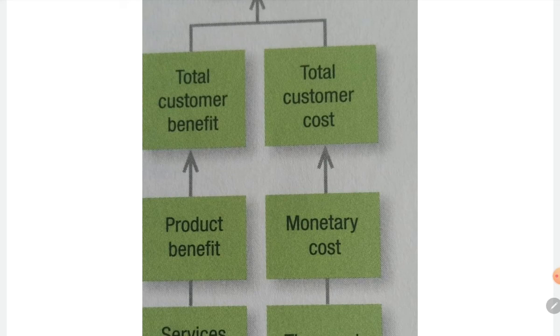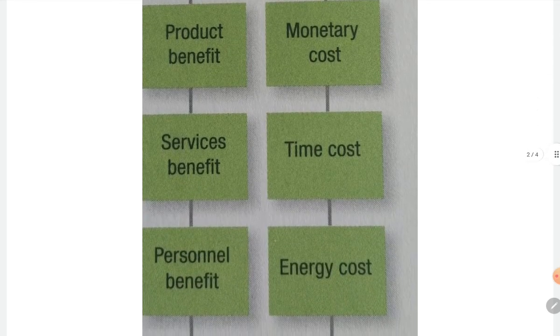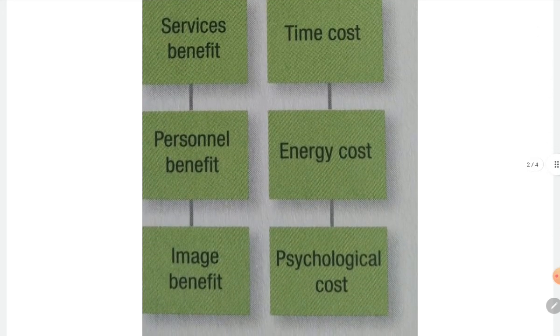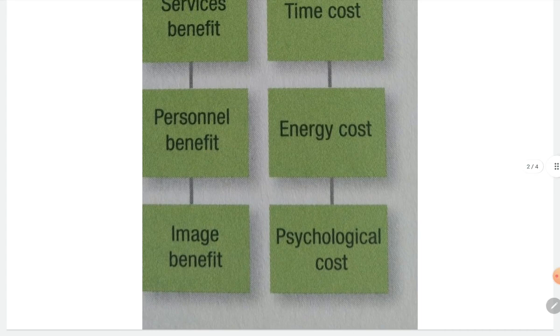But if I have spent time, then time cost is quite relative; it will vary from person to person. And then energy cost will be dependent on what kind of vehicle I am using and what fuel I am consuming, whether I am using an e-vehicle or a cycle.